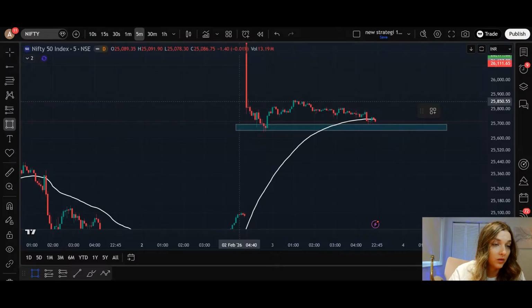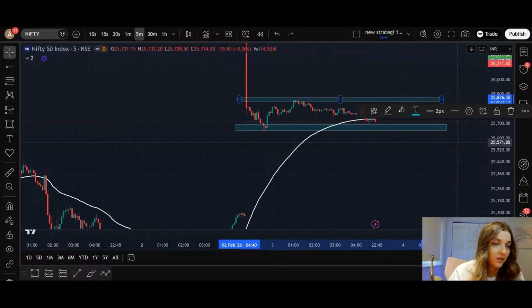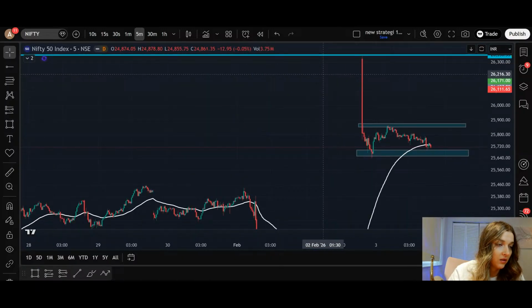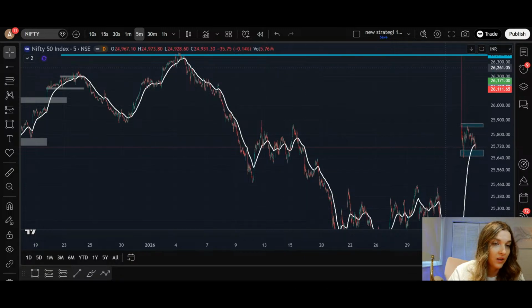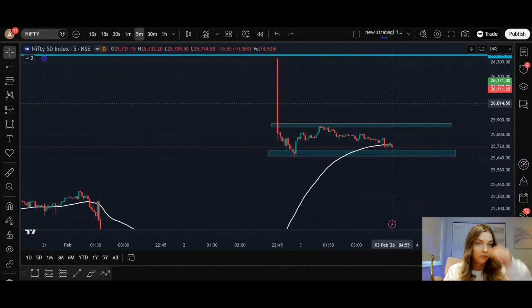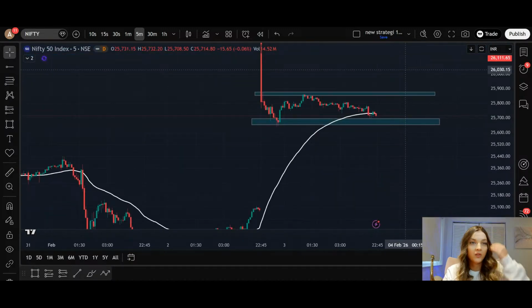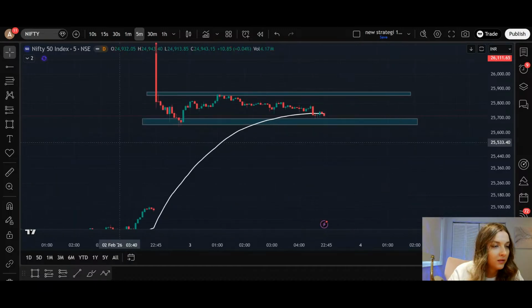And this area, but still dangerous above here because of a bunch of sellers here. It's called a Trump candle. But when was this? February 2nd. Today. Trump candle.